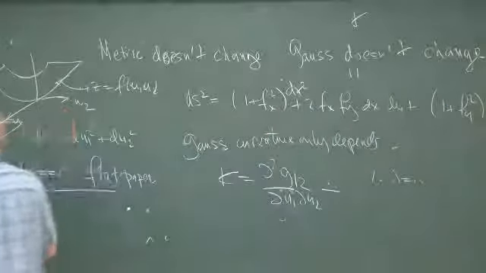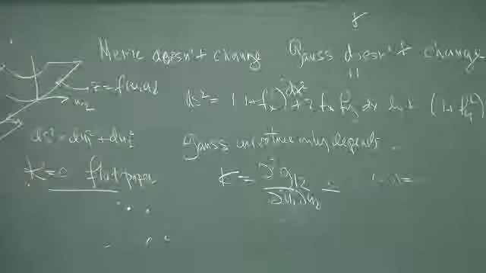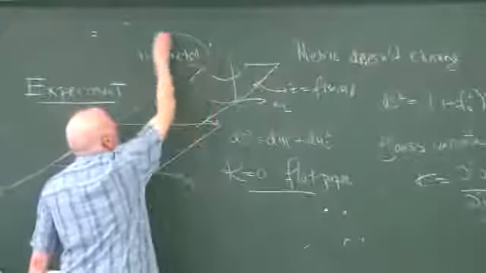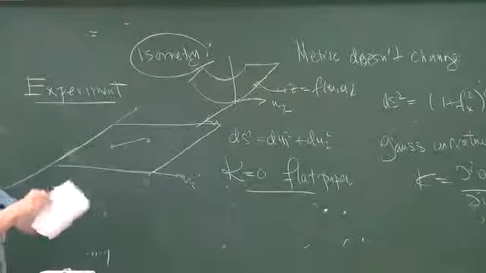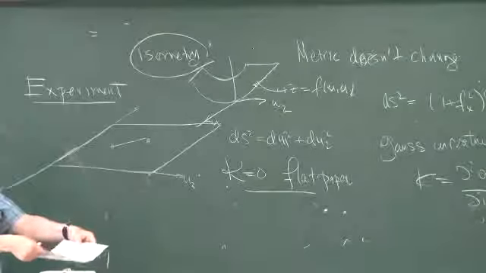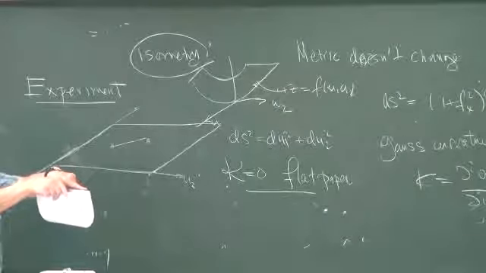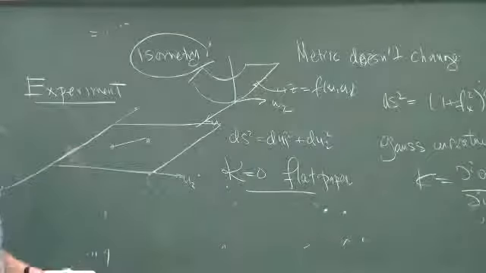The language people use is that this is an isometry. Distances didn't change. Under an isometry, I make a point here, I make a point there, I measure the distance, I turn the paper, the distance didn't change. It's an isometry. That means the Gauss curvature did not change.